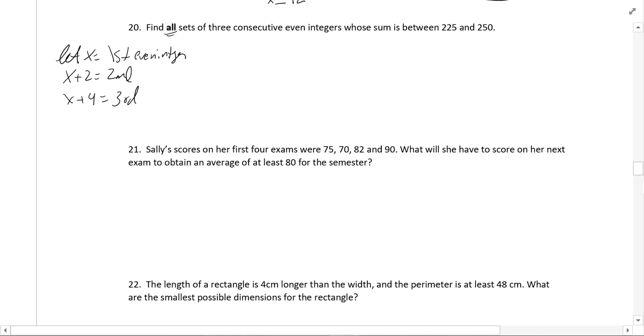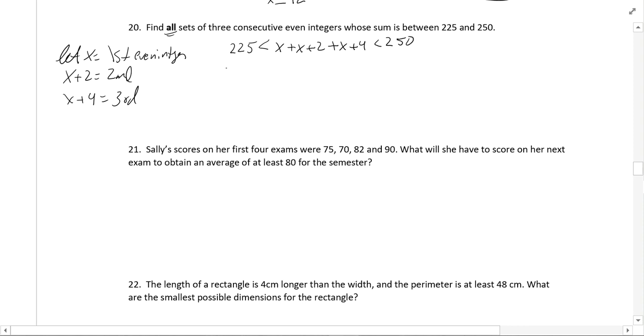Okay, and their sum is between 225 and 250. That means the lowest would be 225 is less than the sum, so x plus x plus 2 plus x plus 4, which is less than 250, because it's in between these two numbers.